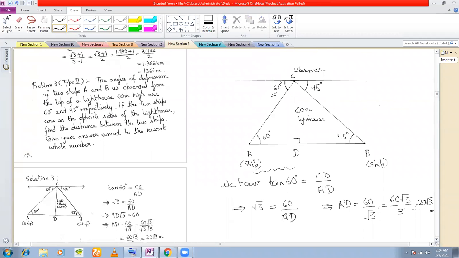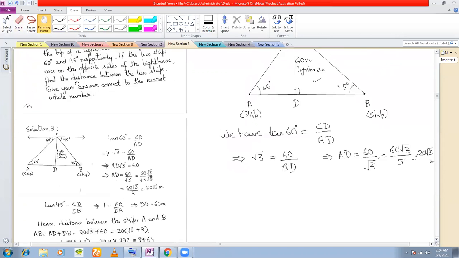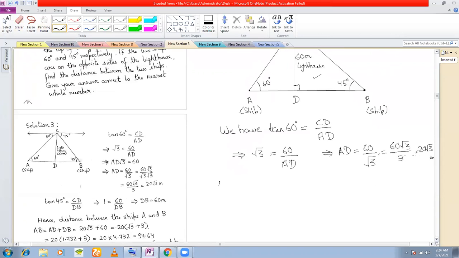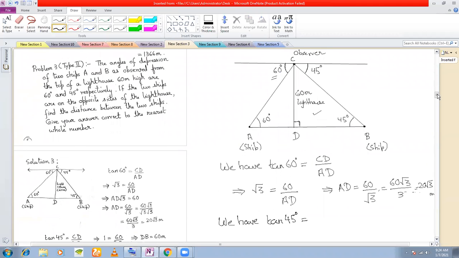Similarly, using this right angle triangle, we are going to find the distance BD. So we have tan 45 is equal to perpendicular by base, CD by BD.